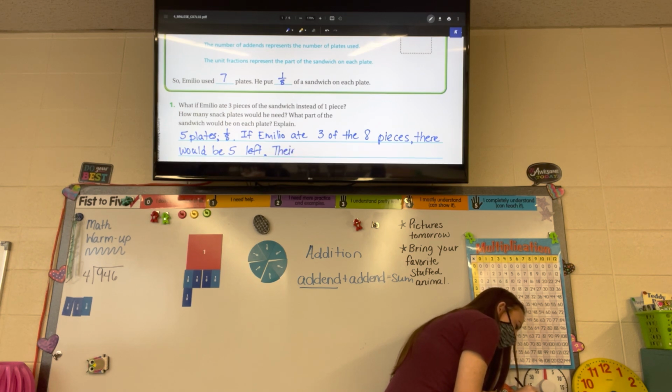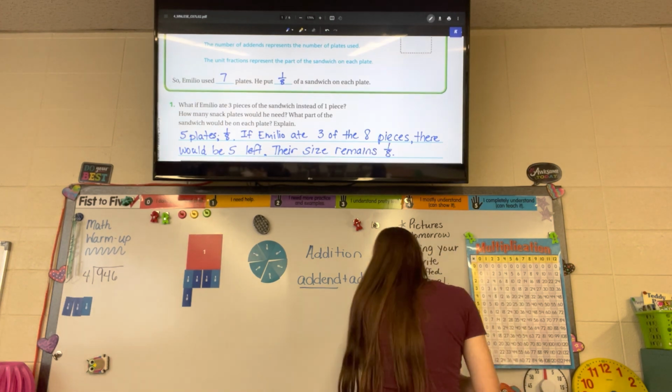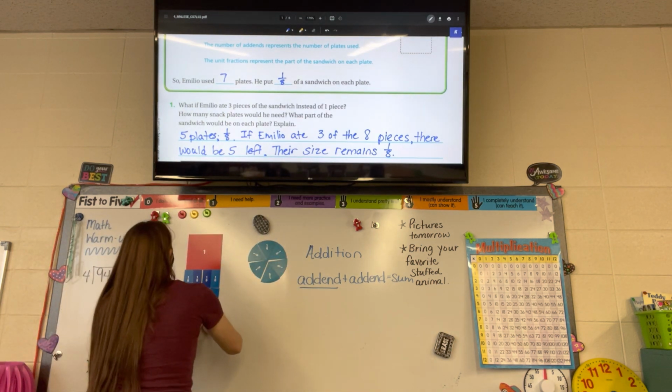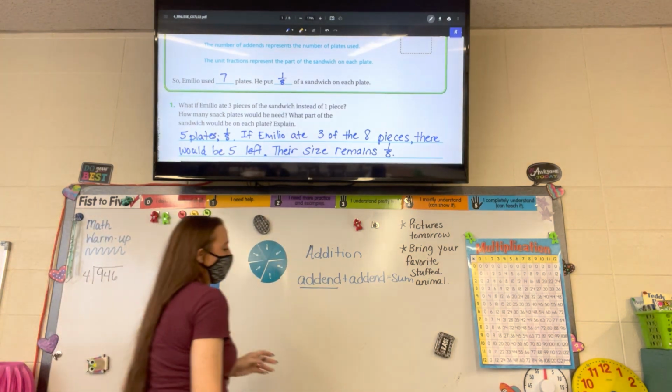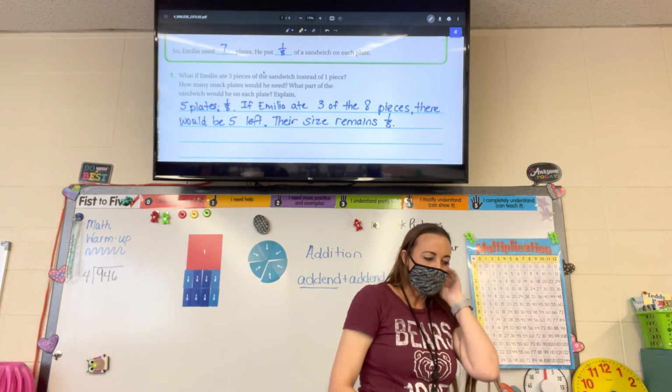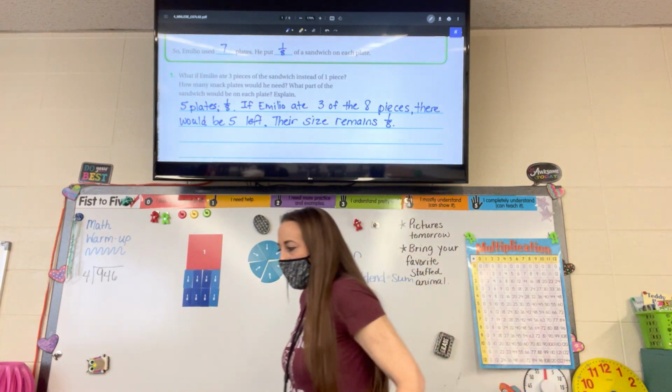Their size remains 1/8. After you finish getting that copied down, you can turn to the second page.